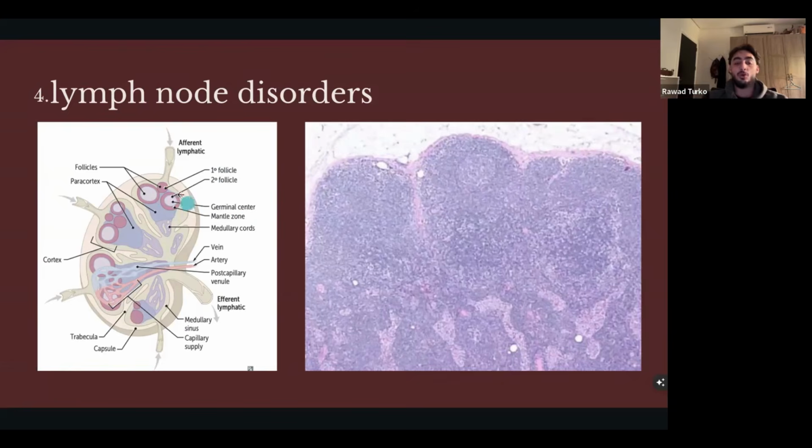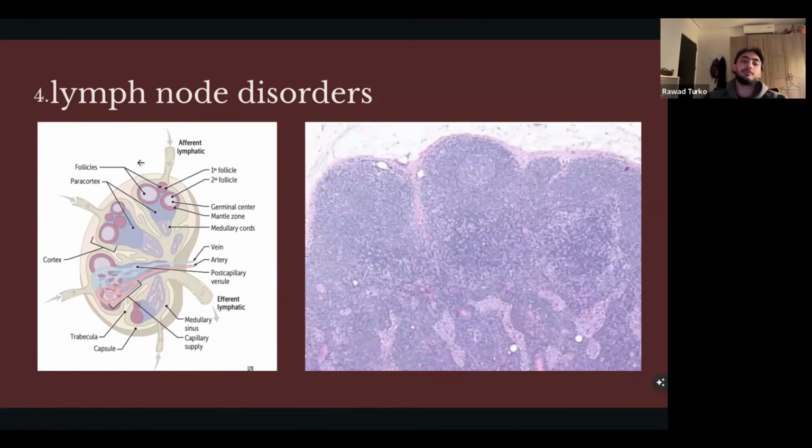Then you're going to see the mantle zone right outside of the secondary follicle. Okay. And in cases of pretty chronic immune activation, there's actually a third zone called the marginal zone that we're going to discuss later on. This is important for when we come to the actual disorders. The paracortex is where you're going to see your T cells.